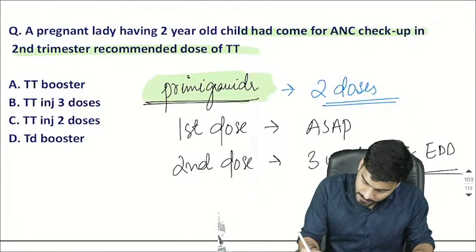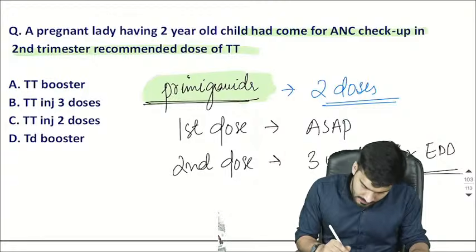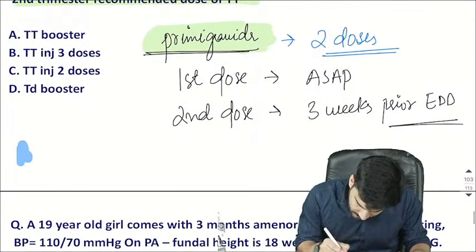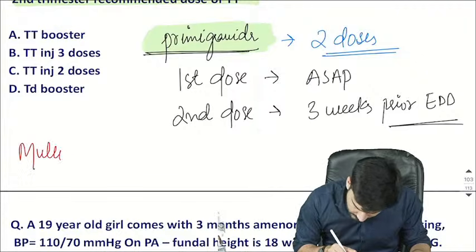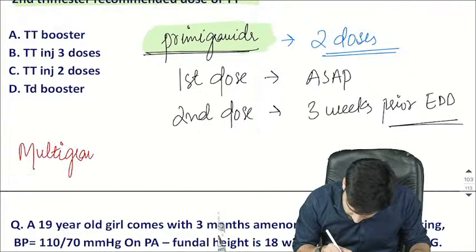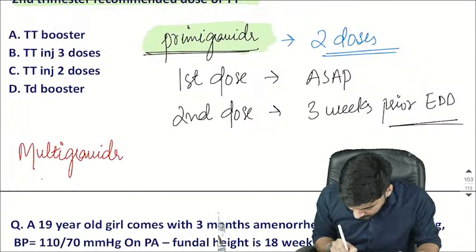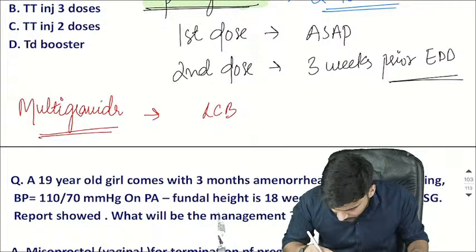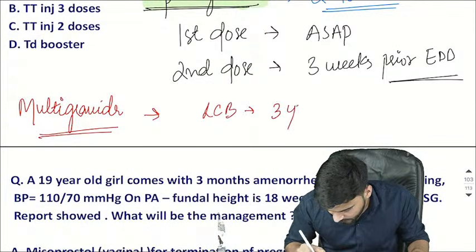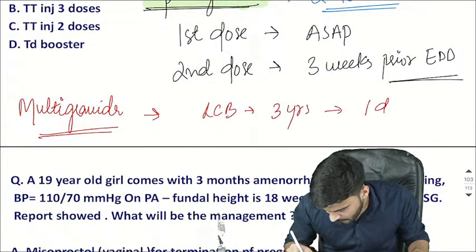Is that clear? Now, if it is a case of a multi-gravida, and the last childbirth is within 3 years, give 1 dose.